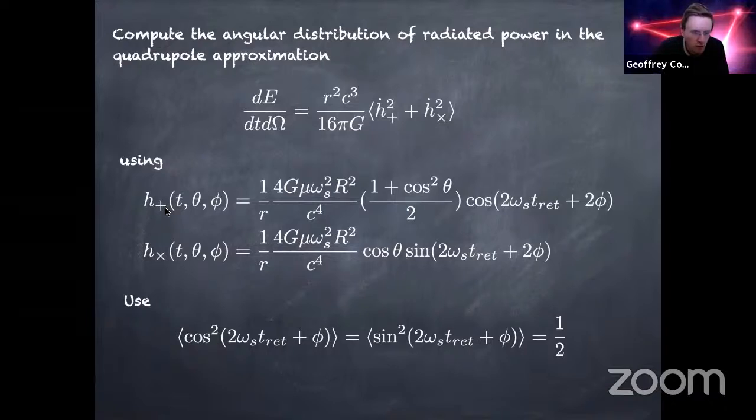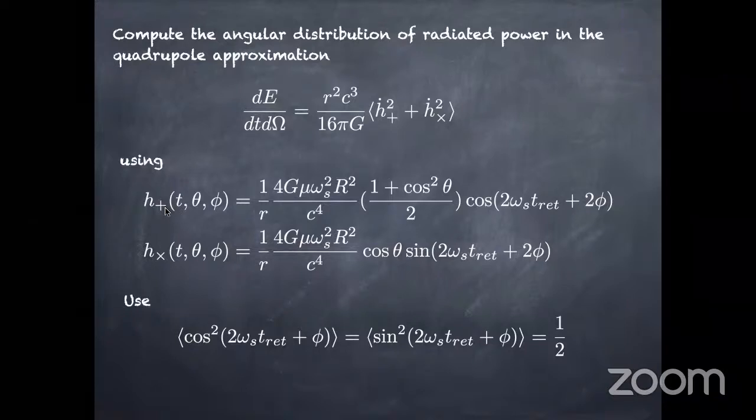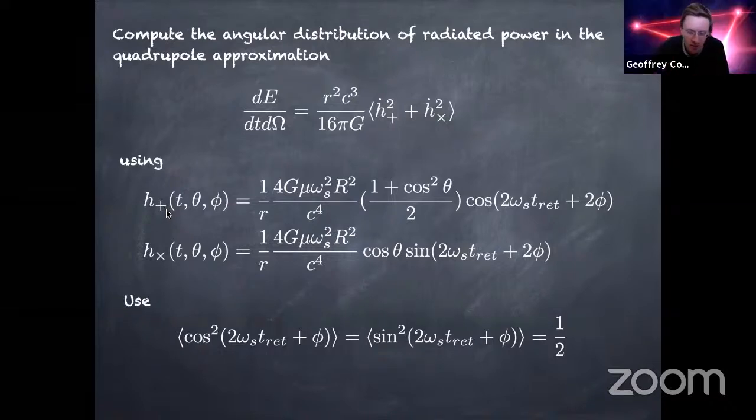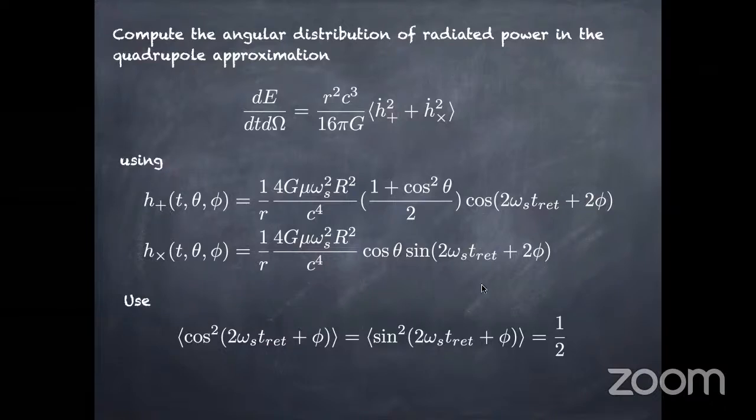But LIGO detected it. Since Virgo didn't detect it, that meant it was observing precisely that case, and so they could pinpoint the angle in the sky. Okay, that's right. Thank you.